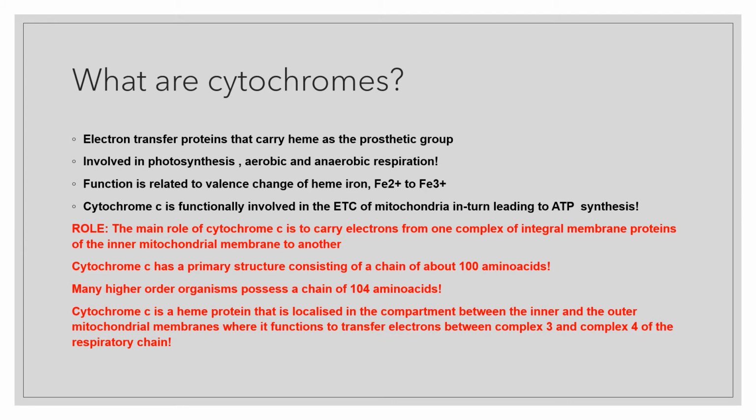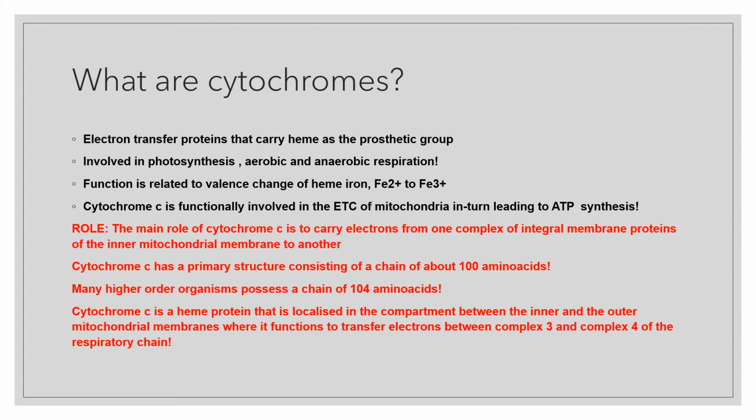So let us see the role of cytochromes. The main role of cytochrome is to carry electrons from one complex of integral membrane proteins of the inner mitochondrial membrane to another. Cytochrome C has a primary structure consisting of a chain of about 100 amino acids.